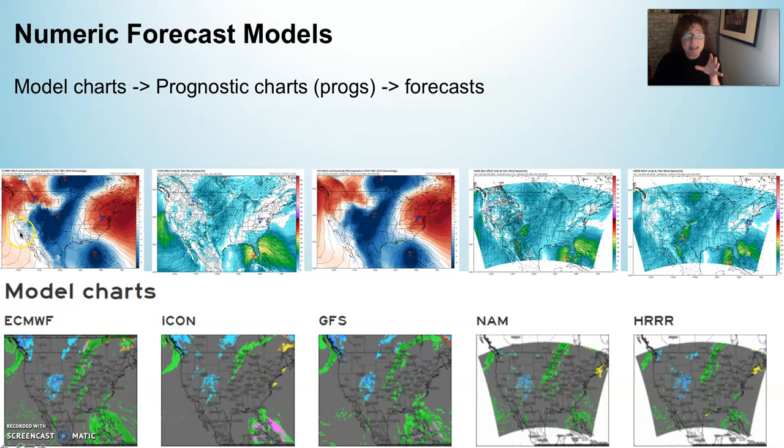You will see differences around the Gulf of Mexico in some of these tracks in here, just little differences. And of course, when you look at the ICON and the NAM and the HRRR models, you're going to see some pretty big differences in the way the data is interpreted.